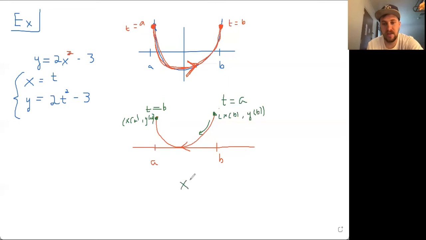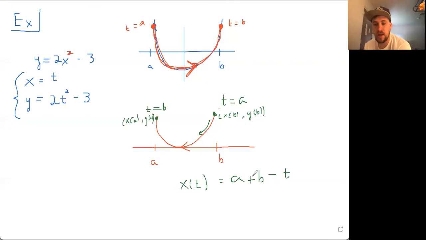And here's how we can do that. We can let x of t now be a plus b minus t, because we want to be at the x value b at time t equals a.